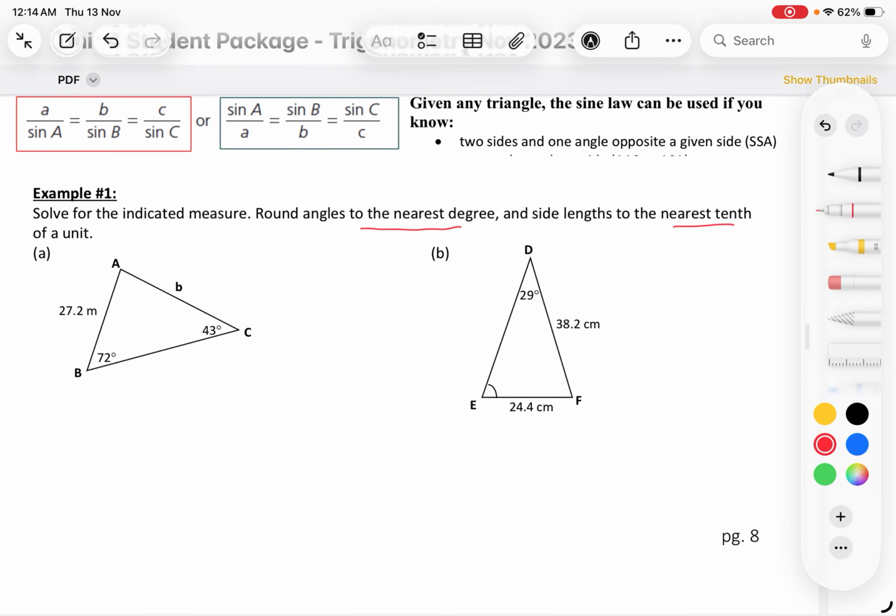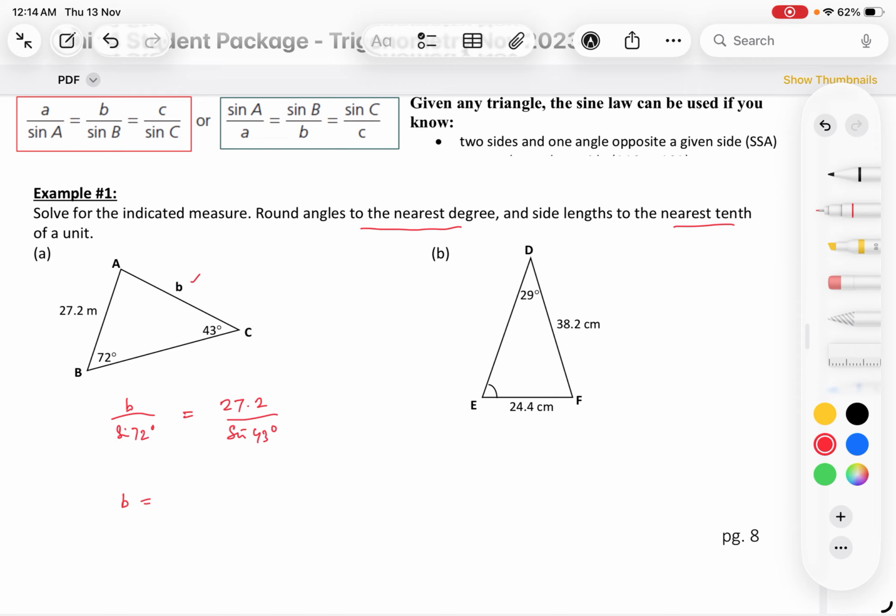So here we need to find side b. So we have b over sine 72 is equal to 27.2 divided by sine 43 degrees.